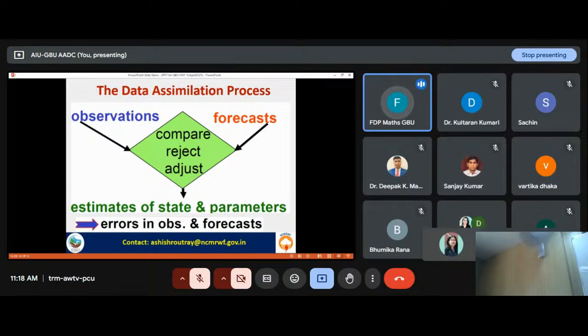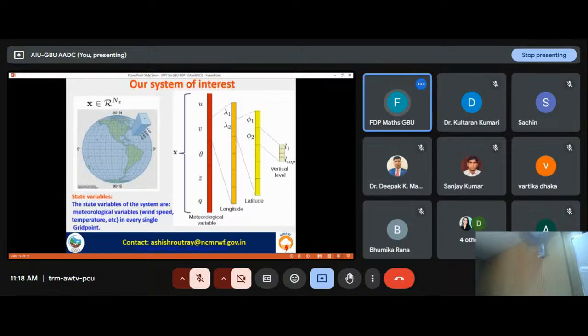So with these two things I get an estimate of the state of the atmosphere. Then I put these two values into my equation. So you imagine this is the flow. Yes or no?